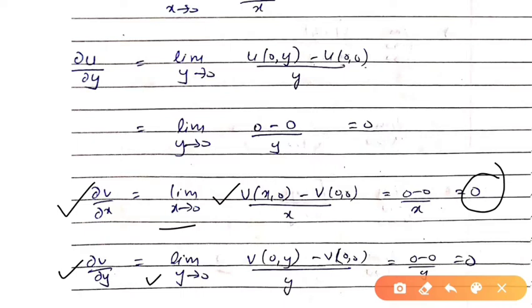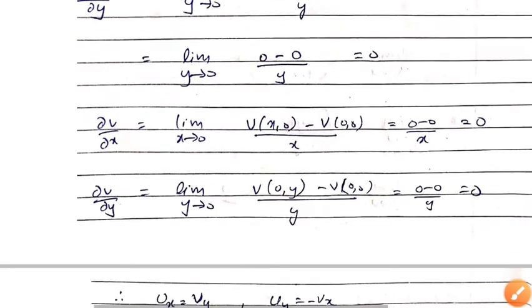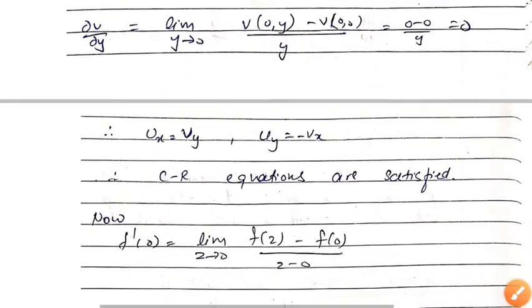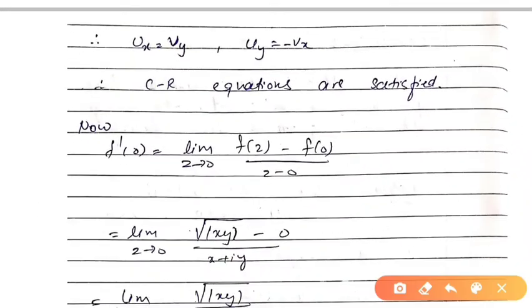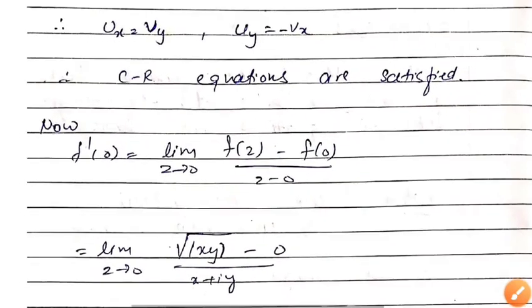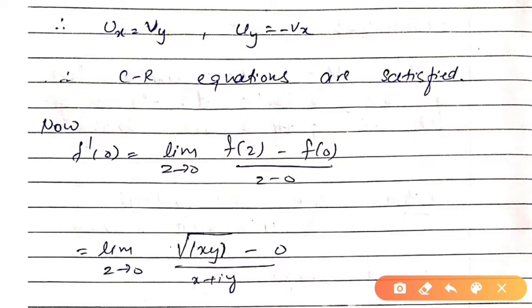But our whole function v is 0, so your final answer will be 0. So from here you can see that CR equation condition is satisfied, that is ux equal to vy and uy equal to minus vx. So CR equation is satisfied.